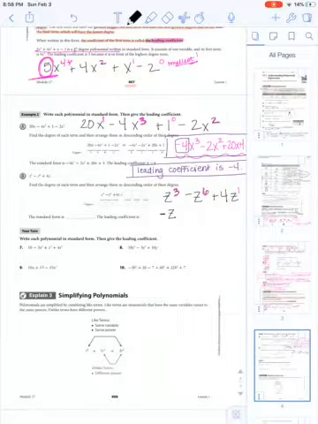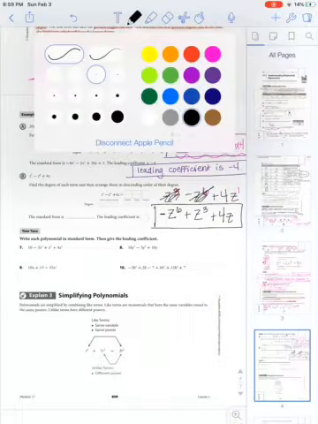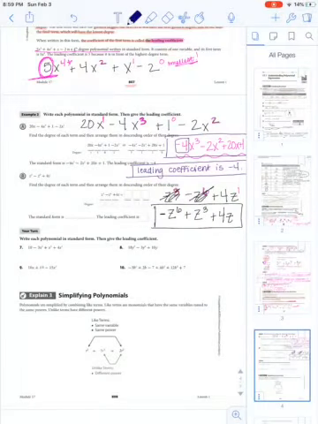So I have negative z to the 6th. Okay, I took care of that. Plus z cubed, took care of that, plus 4z. Okay, so now I know that I have it written in standard form. How do we identify our leading coefficient? What is our leading coefficient?